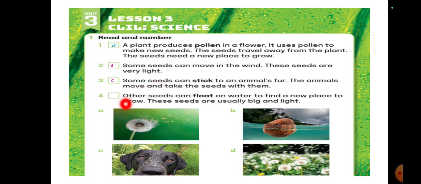Sentence number 4. Other seeds can float on water to find a new place to grow. These seeds are usually big and light. It's very easy. It's picture B.